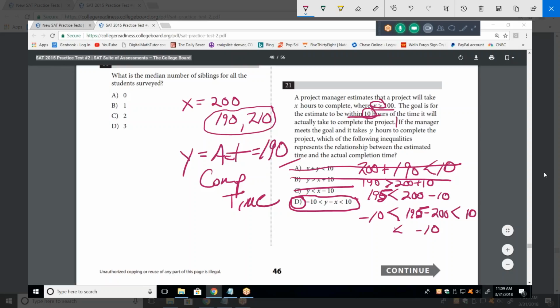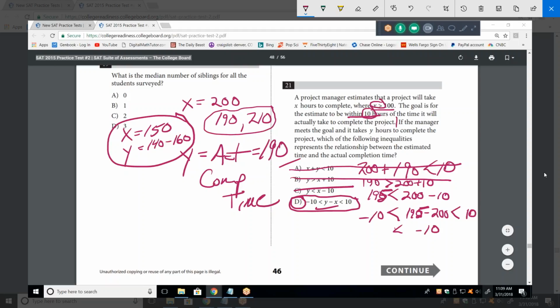I could have picked x equal 150, and then y would have been somewhere between 140 to 160. And then I could have picked any numbers I wanted, worked it out, and figured out that G is the only one that works.